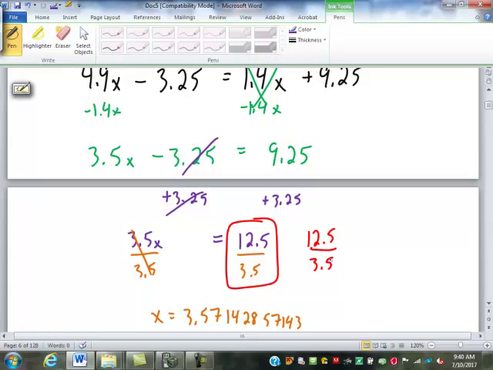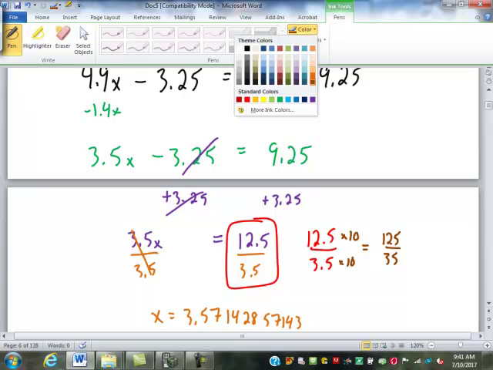There's one decimal place in each. So to get rid of the decimals in that fraction, I would multiply both of them by 10. So that becomes 125, and this is 35. 3.5 times 10 is 35.